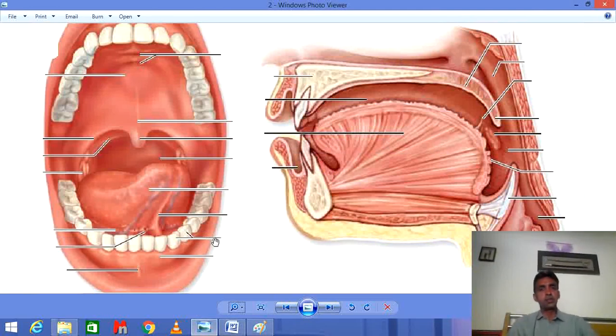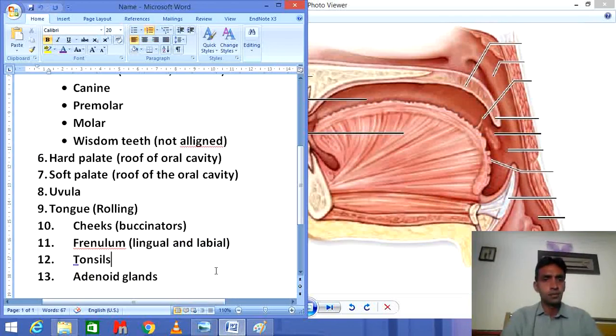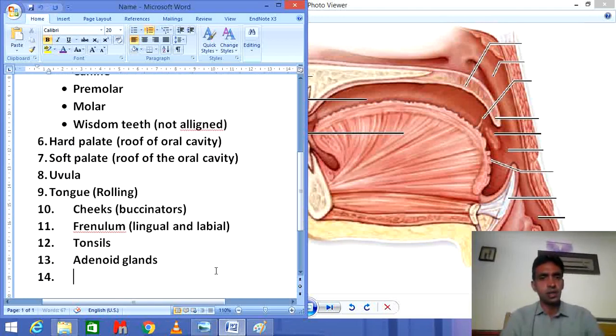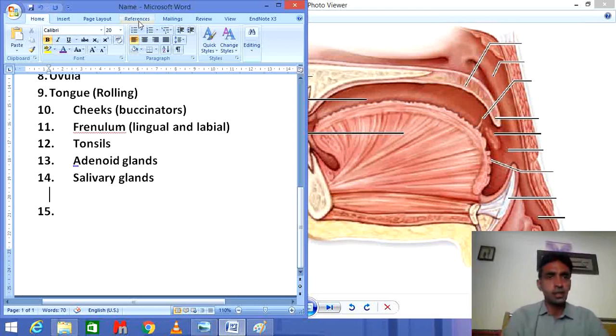Now coming towards the salivary glands, where are salivary glands present? Salivary glands are of three types. I will write it over here. Salivary glands basically have three main types.